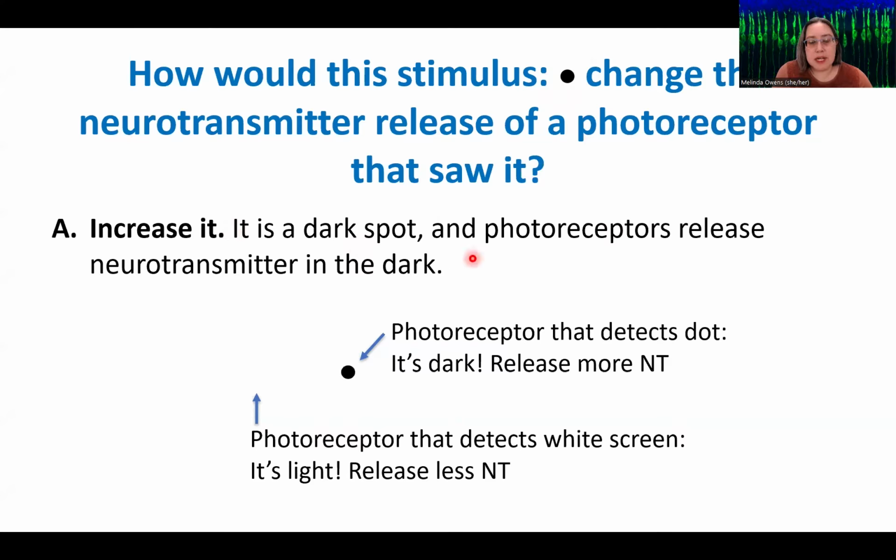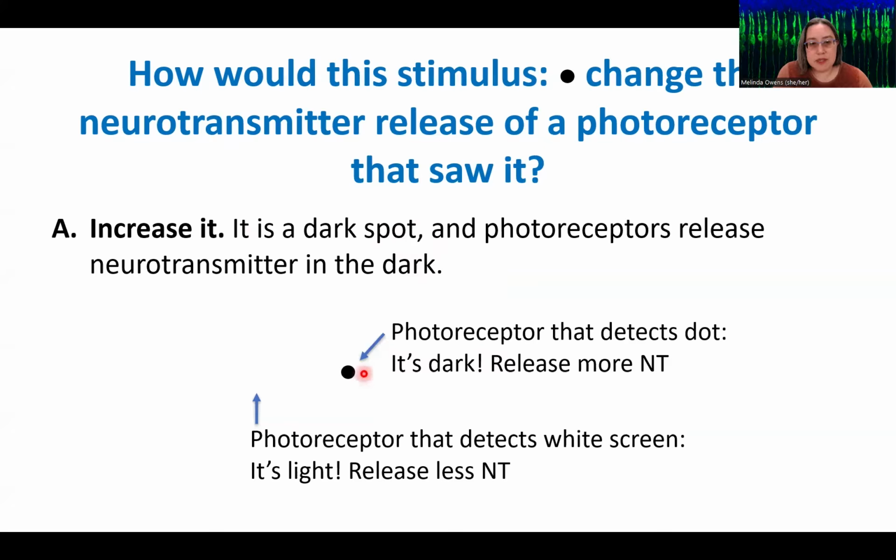So photoreceptors release neurotransmitters in the dark, meaning any of your photoreceptors that are currently being exposed to the dark text are going to be releasing more neurotransmitter. And any of your photoreceptors that are primarily seeing the white background, the white screen, are releasing less neurotransmitter.